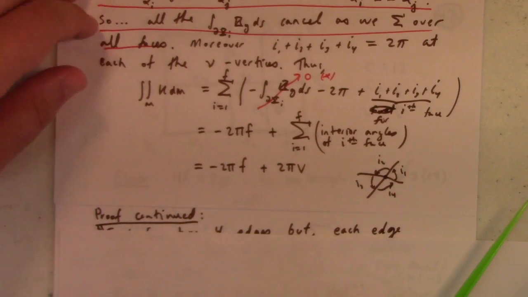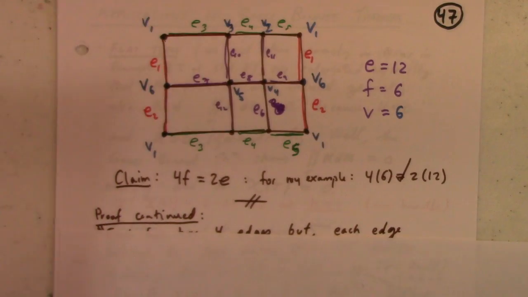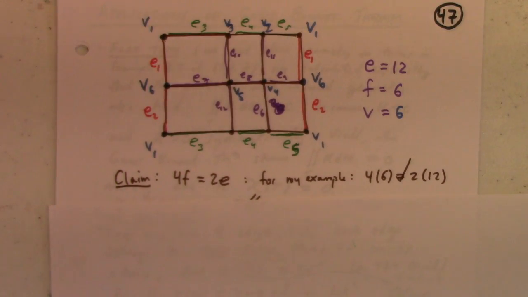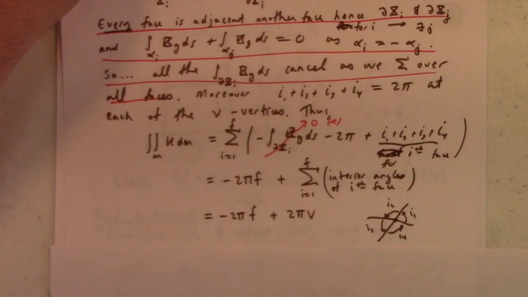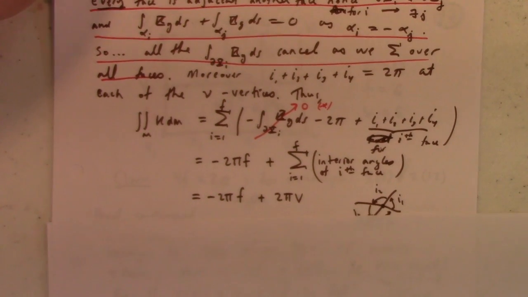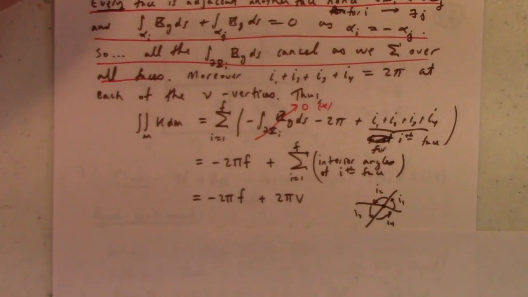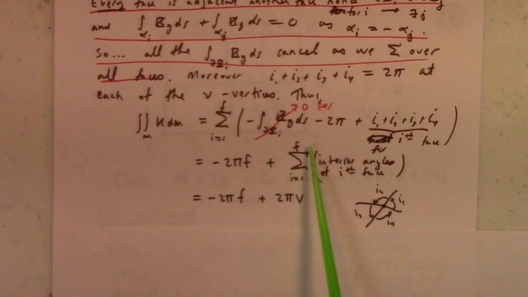Why is that 2 pi v? Let me just stop and think for a minute here. Why should the sum of the interior angles of the ith face work out to 2 pi times v? Now f is the number of faces, right?